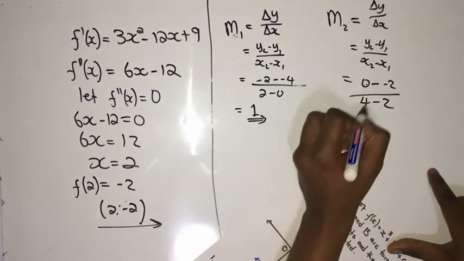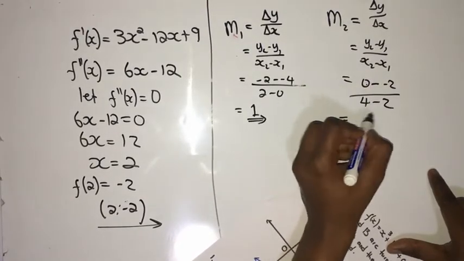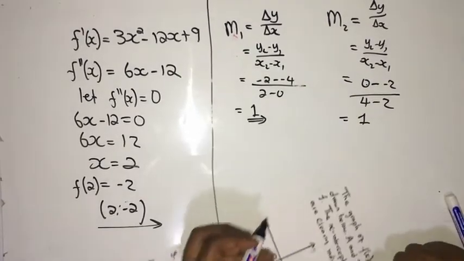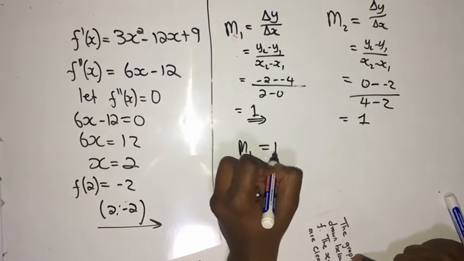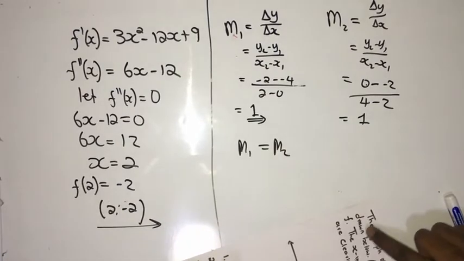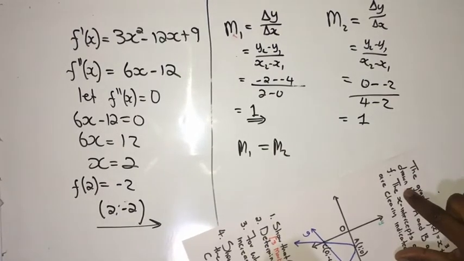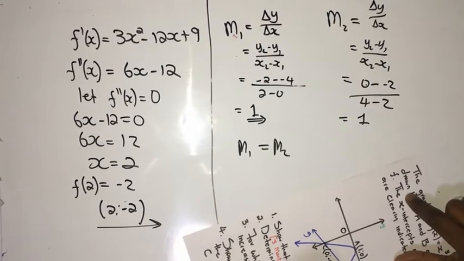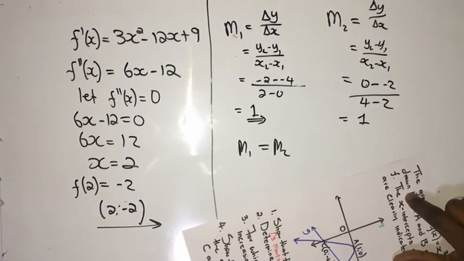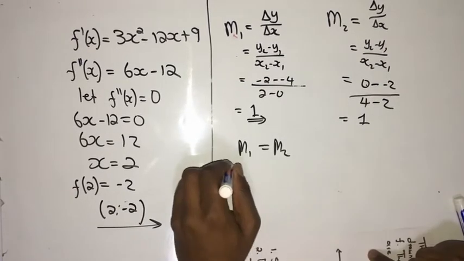That basically becomes 0 plus 2 over 2, which is 1. So gradient 1 is equivalent to gradient 2. What does this mean? It means this point has to be on this line, because we know this is a straight line, and the gradient here is the same as that gradient. So that's one method.